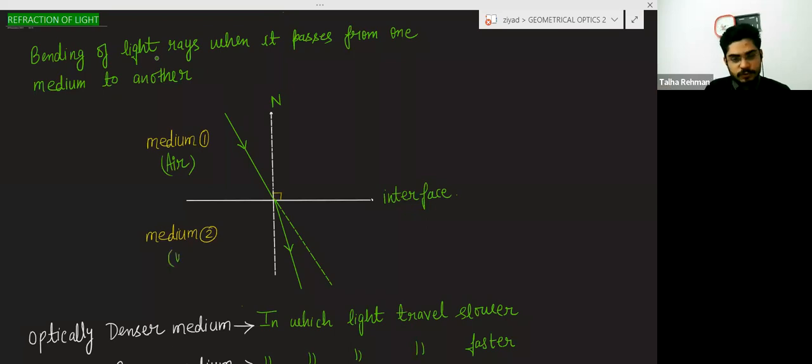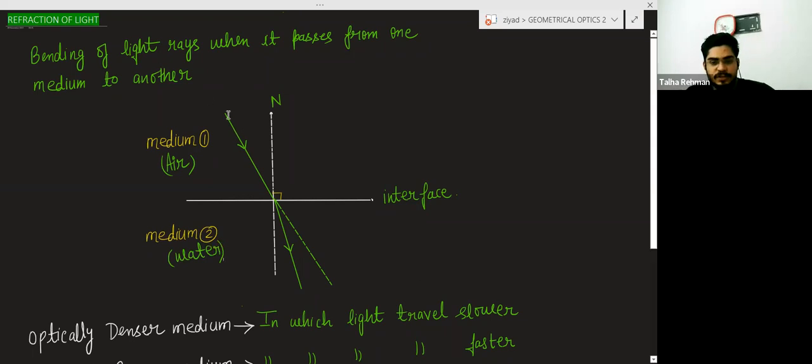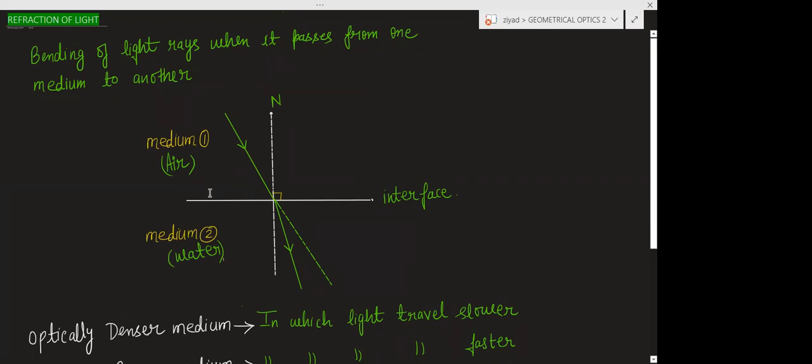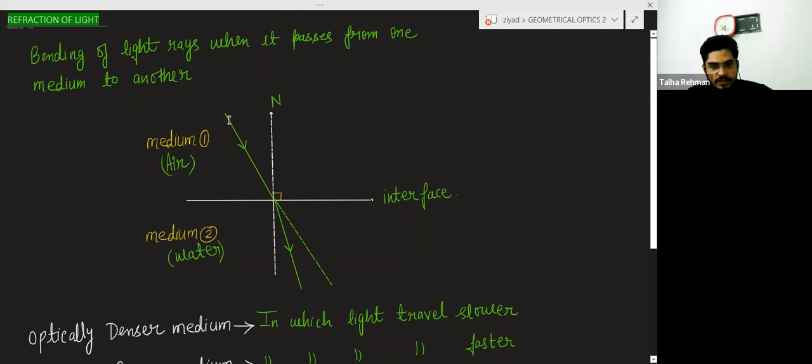Suppose this is water. This is the incident ray, and this is the interface. Interface means the separating of two media. This incident ray is just crossing the medium here.